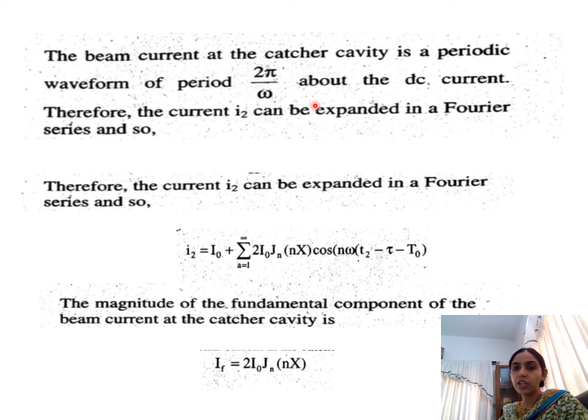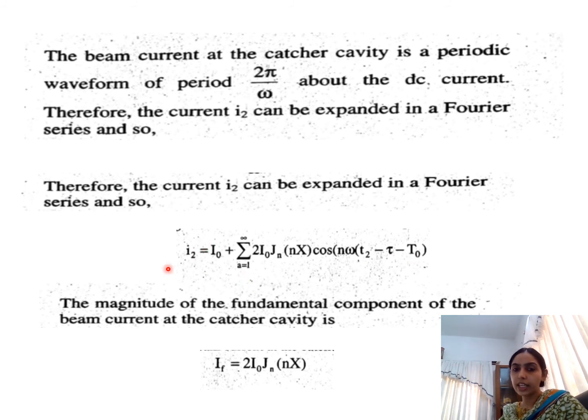So when we do the Fourier series expansion of this current I2, it results in an integral of sine and cosine functions. After the final solving of the Fourier series expansion, you get the result of I2 as such.